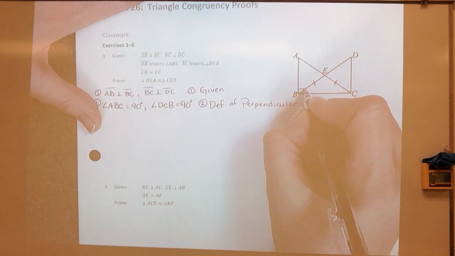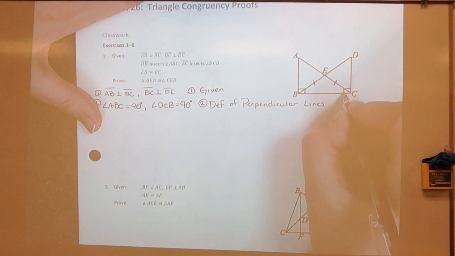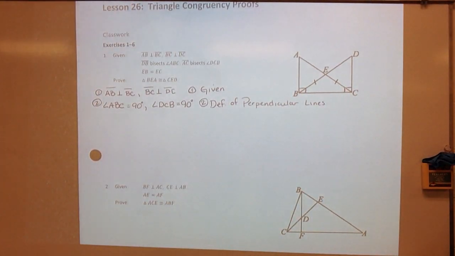Now, I can go ahead and put the square corner in there. That will help me know that those are 90-degree angles. So now, what do I know about the measure of those 2 angles? Well, I know that those 2 angles are actually equal.